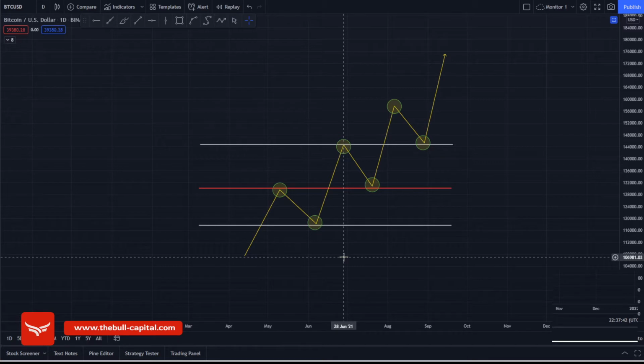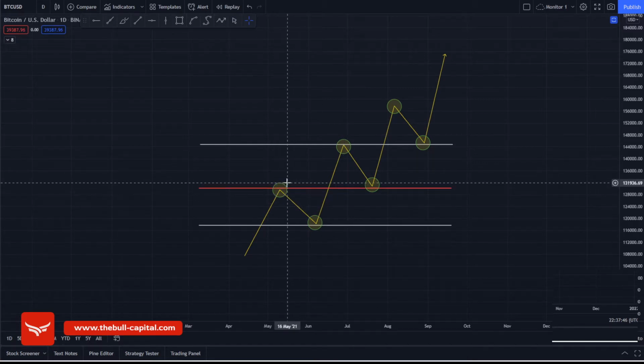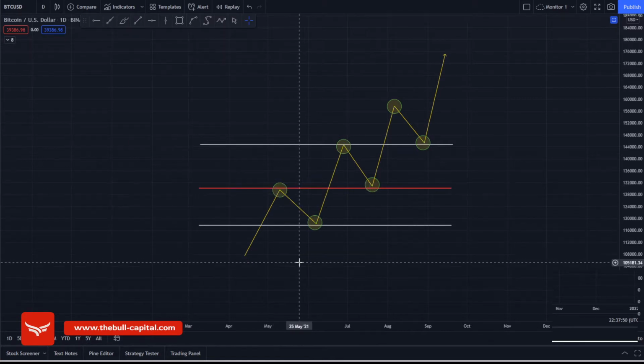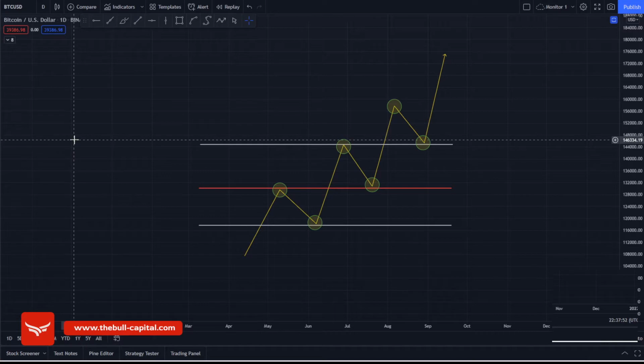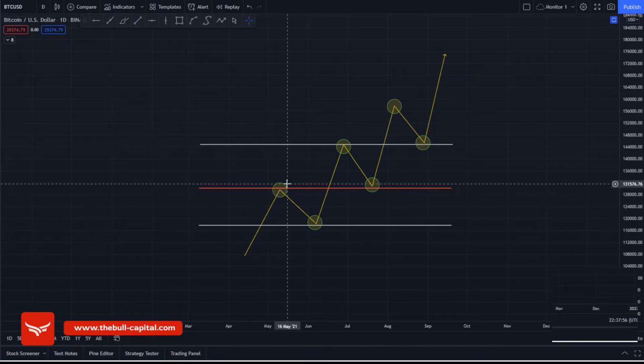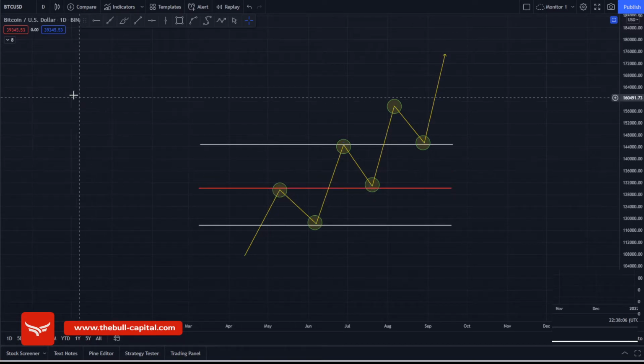We don't really know if this level is going to hold or not. The price is moving higher, so you can enter a short when the price is touching this resistance, and you should wait for a small bounce from this resistance.